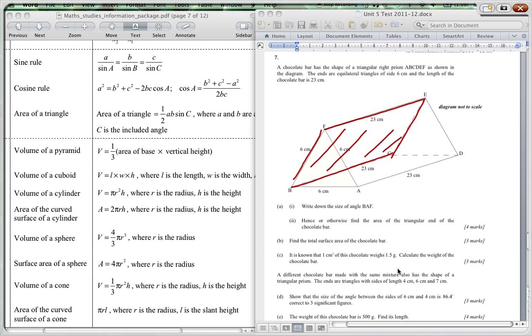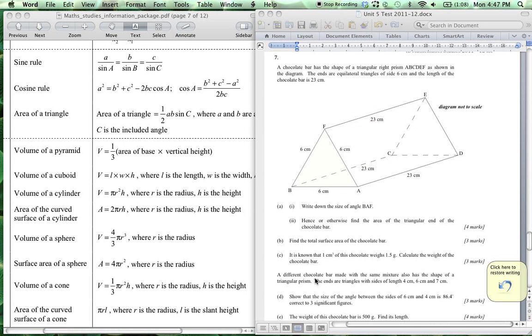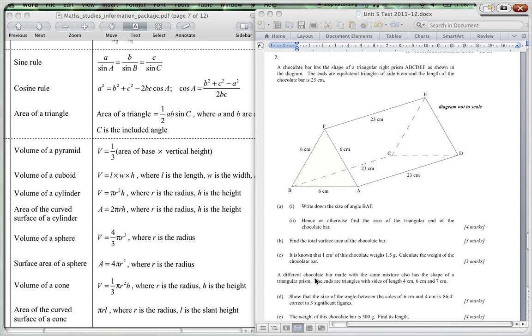So altogether we actually have 5 surface areas that we've got to calculate. Now it's very important to identify them all. Now each one of these rectangles has a length of 23 centimeters and a width of 6.